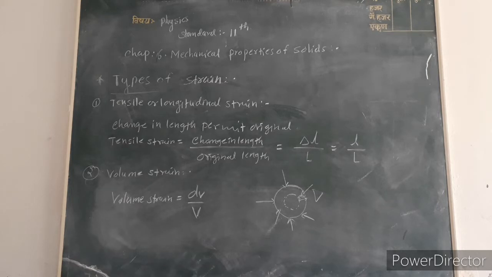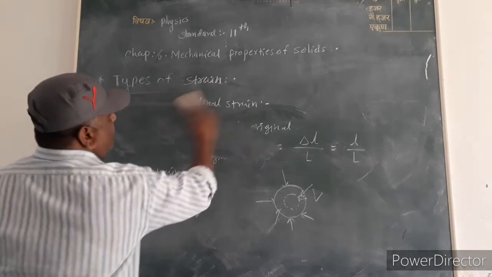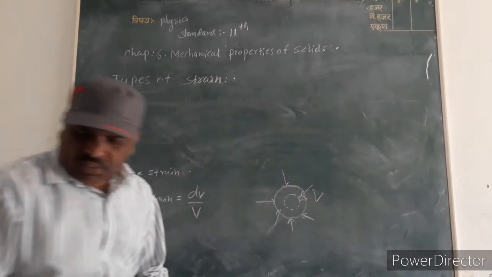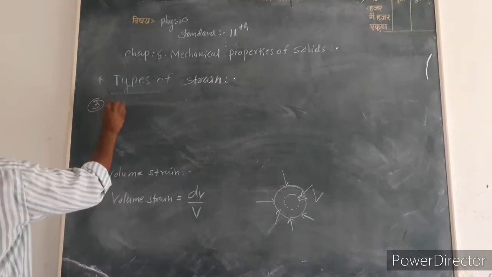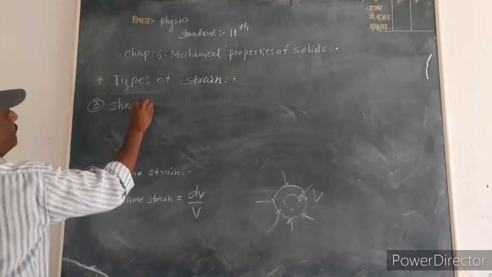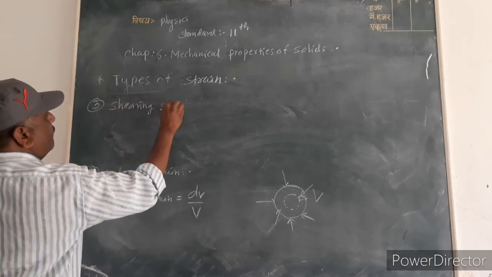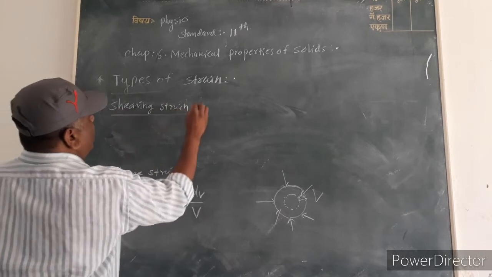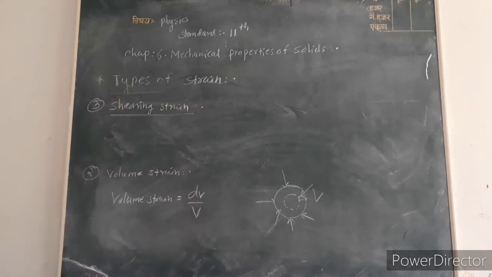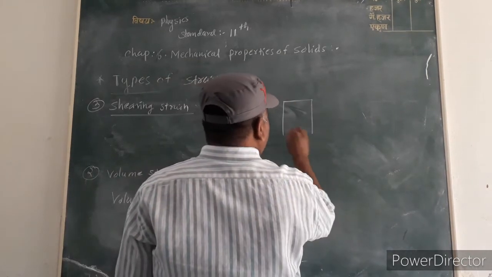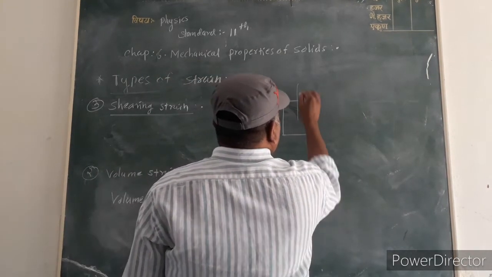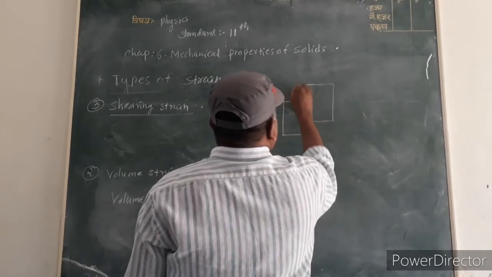And the last type of strain is the shear strain. In this type, the shape of the body is like a cube.